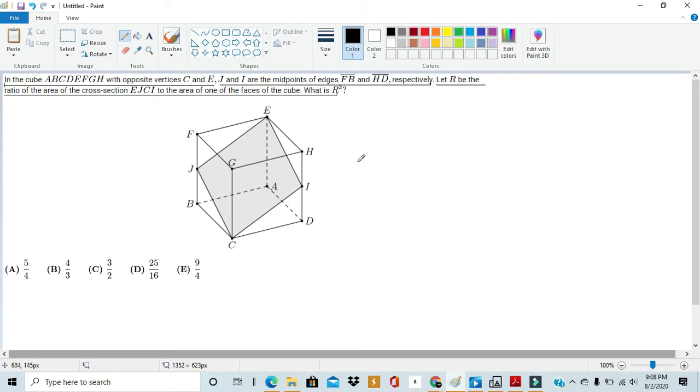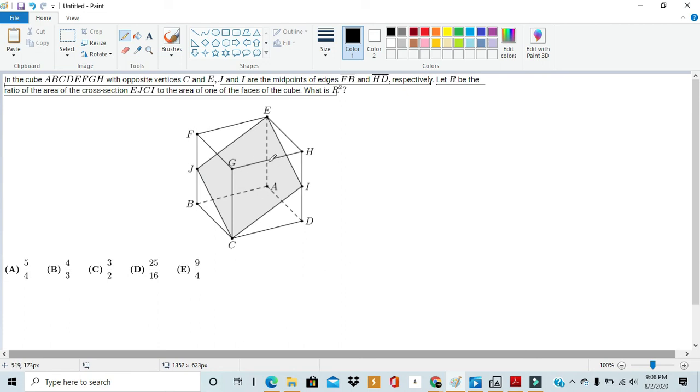So the problem is quite simple. We have a cube and we have this weird shape that is formed by taking the cross section of some corners and some midpoints of certain edges of the cube.